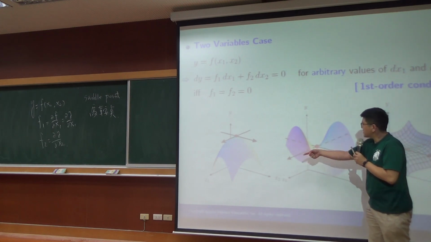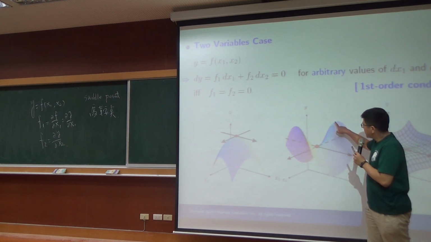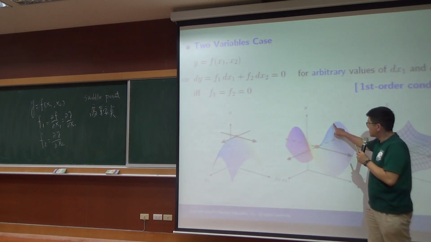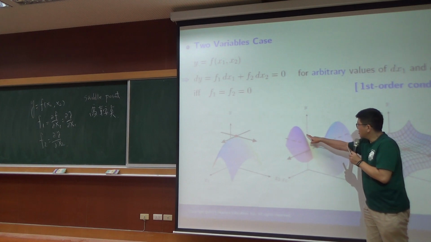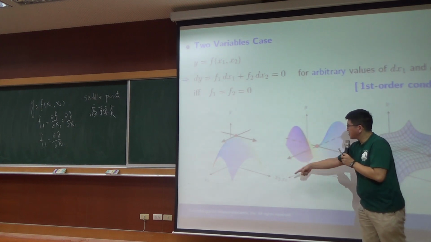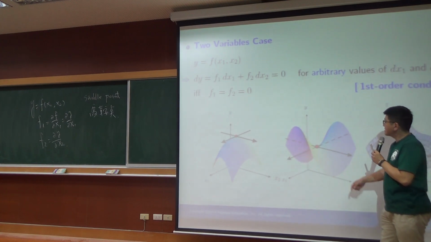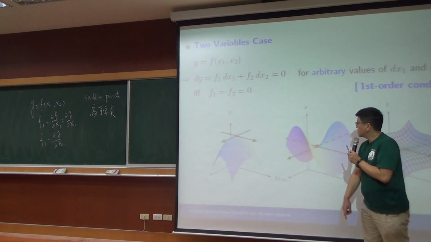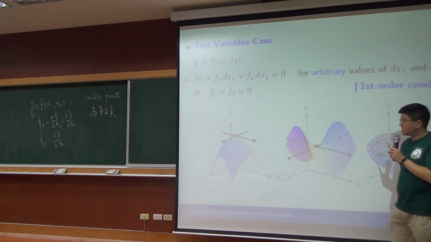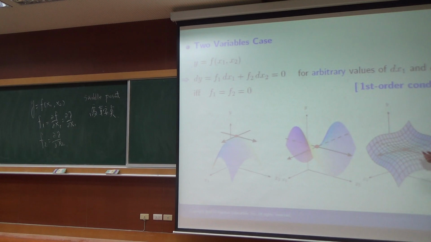So you see there, for the red point, the slope f1 along the x1 axis is 0, and f2 is also 0. And this is actually a 3D inflection point.